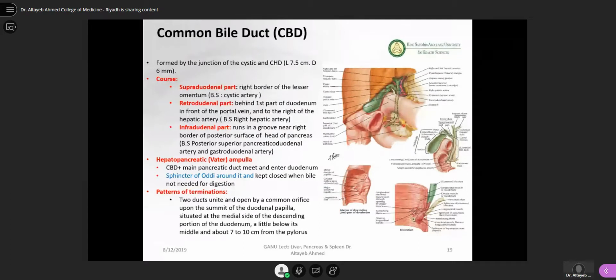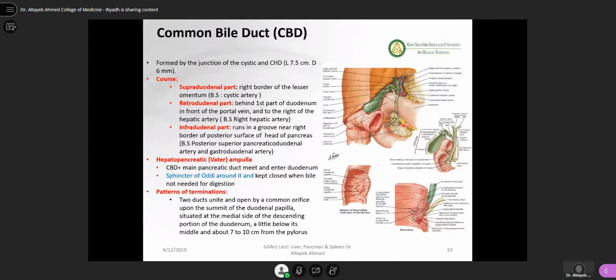Here, I want you to remember that these arteries form longitudinal channels in the common bile duct. So if you want to open the common bile duct, avoid cutting transversely, because if you cut them transversely, you may reduce the blood supply to the area later on.